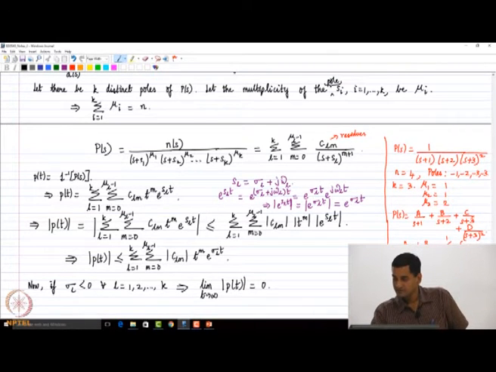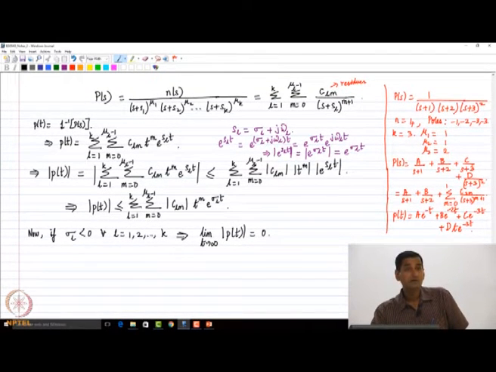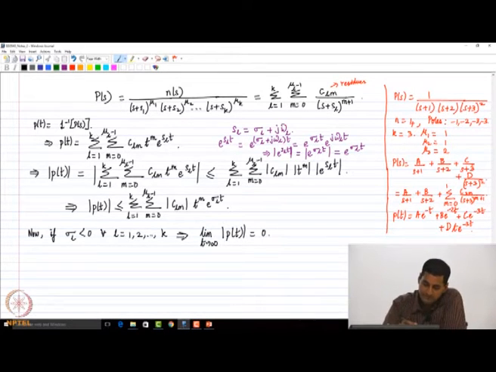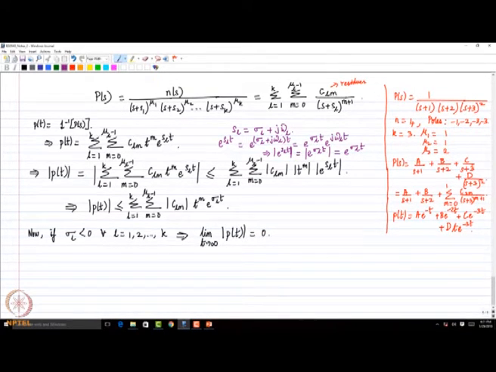Yes please. Can we take that the magnitude of e power s_l t is nothing but the magnitude of e power sigma... Okay, let me, I just skipped one step there. If I take the magnitude of e power s_l t, it's going to be equal to the magnitude of e power sigma_l t times e power j omega_l t.